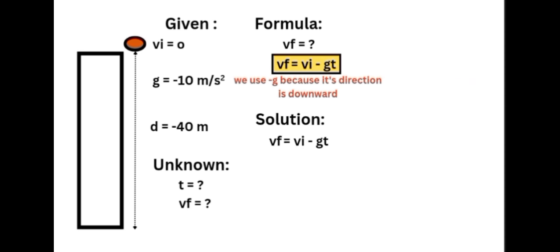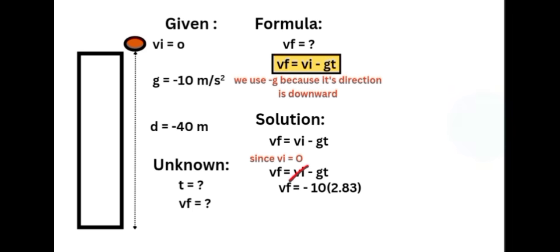So using the equation and knowing that Vi is equal to 0, therefore Vf is equal to negative g t. Substituting actual values, g is negative 10, and time is 2.83, the one we just solved earlier.